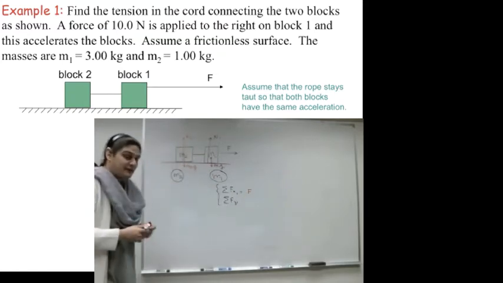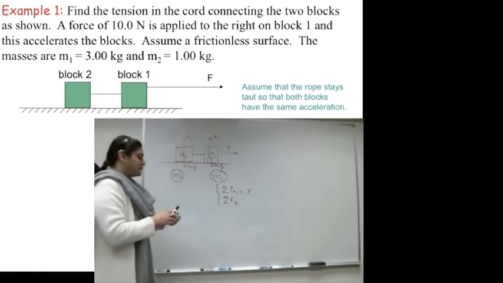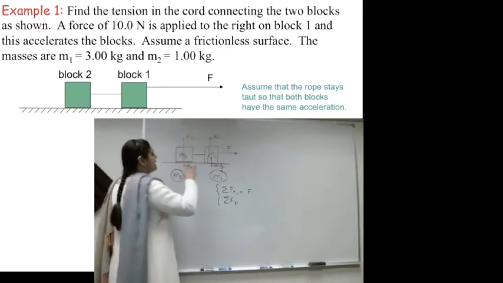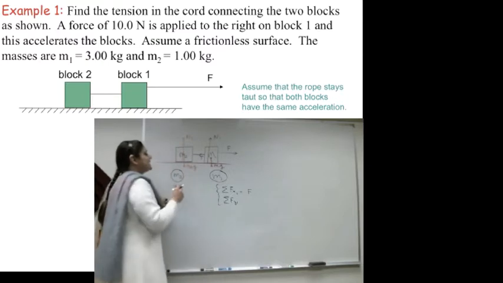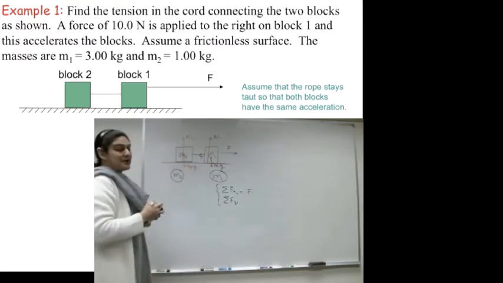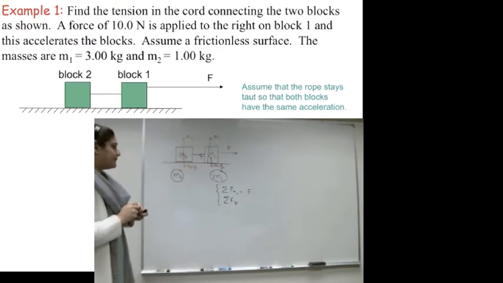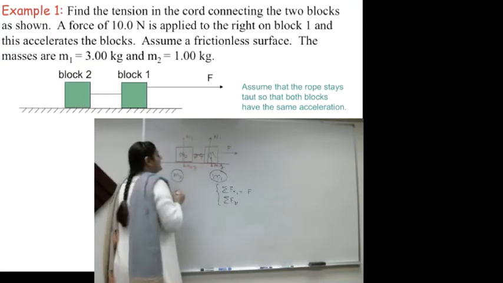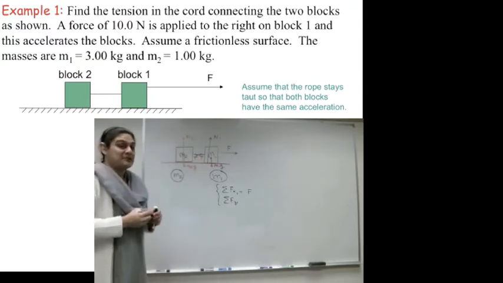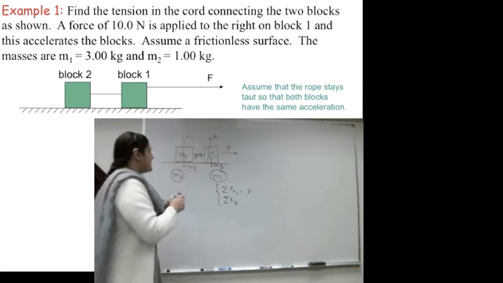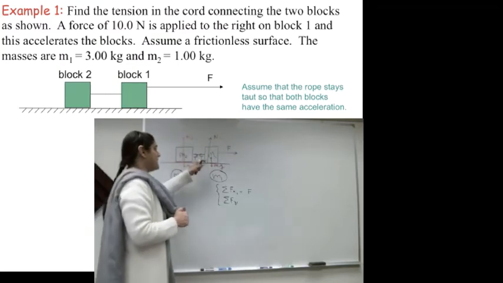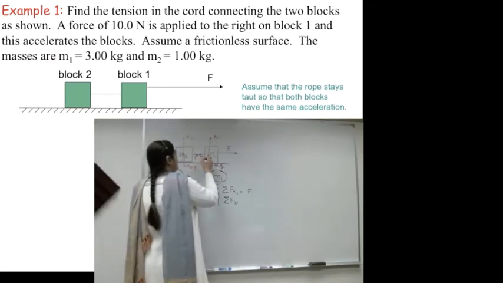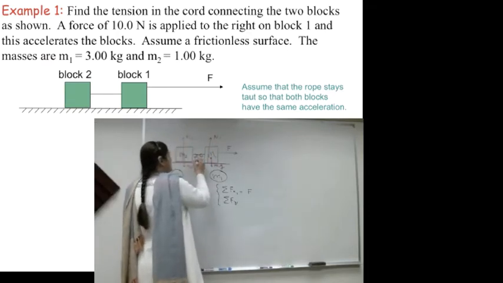Okay? However, this is not the only force that's acting on block M1. It also has a tensional force that is arising because of the presence of M2. Tensions, and these both are going to be equal and opposite. So that means I have to include that when I'm talking about my mass 1. So I'm going to call this T1 and this T2.